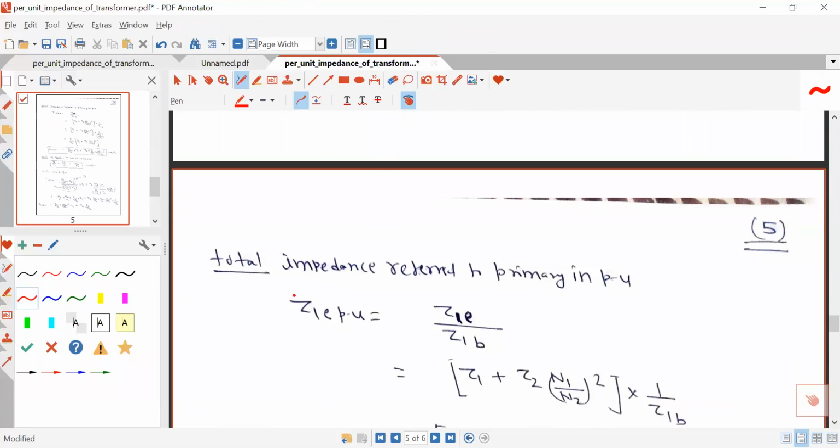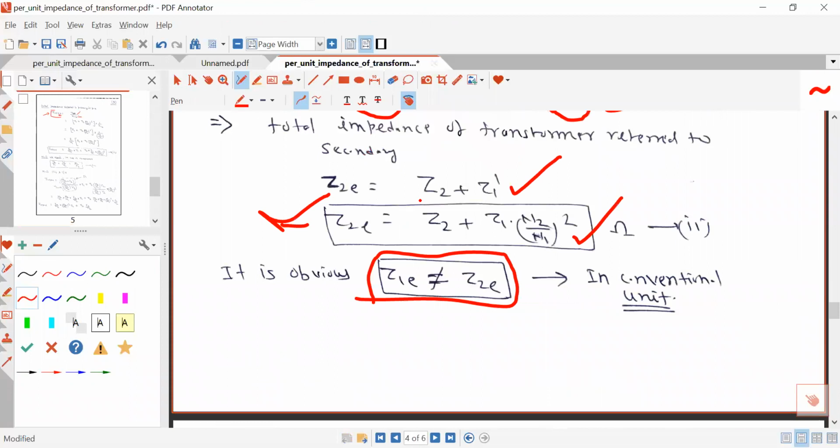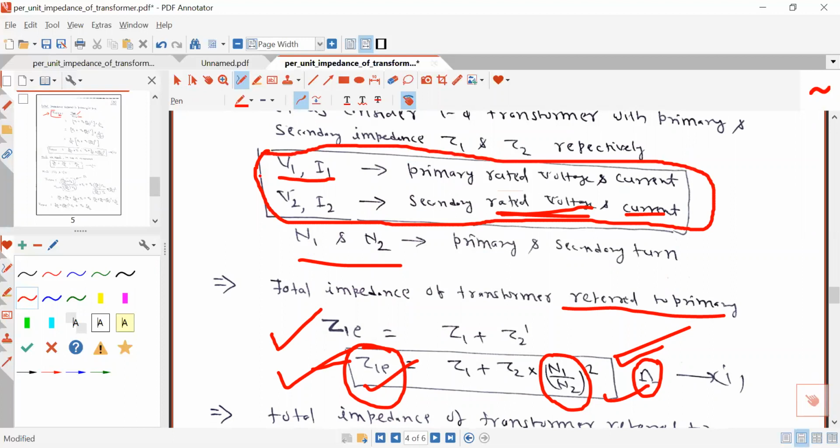So if you want to convert total impedance of the transformer referred to primary into per unit system, then you just have to divide it by the base value, and the base value is considered from the rating of the machine, and this is the rated value, and from this rated value we will calculate the base value.